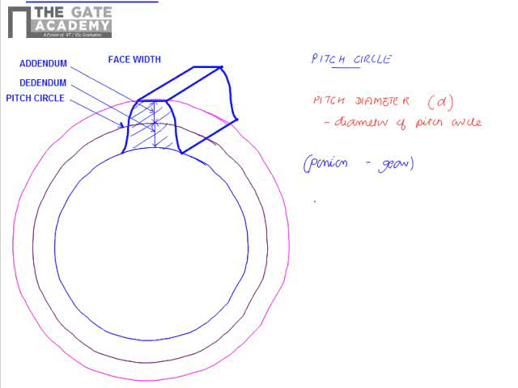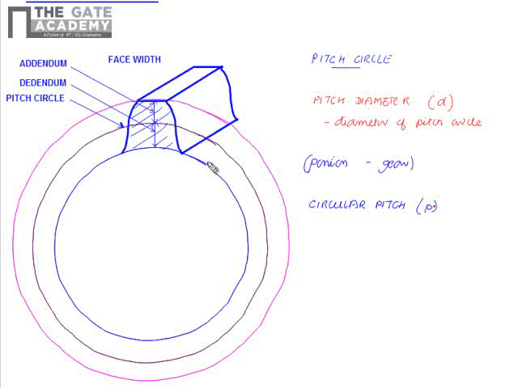Now we have another term, circular pitch, denoted by small p. It is the distance measured on the pitch circle from a point on one tooth to the corresponding point on the adjacent tooth.